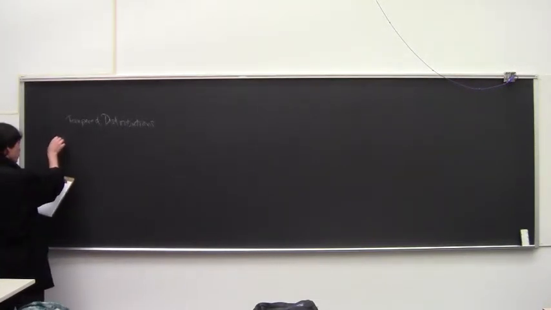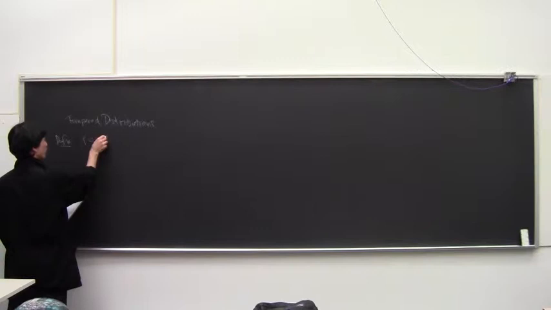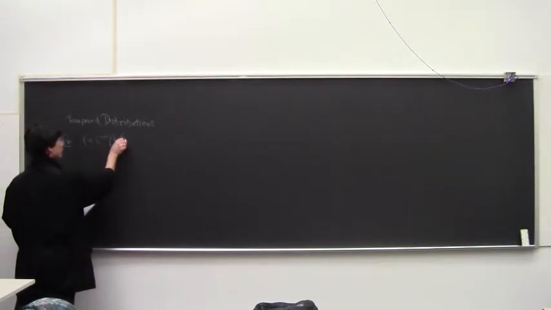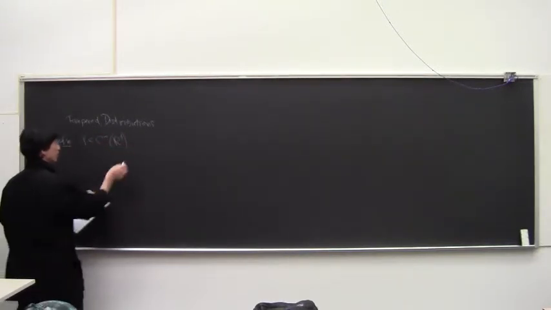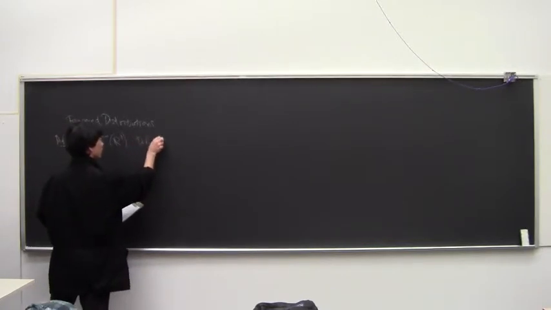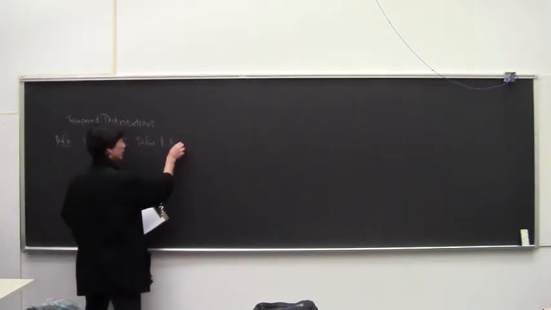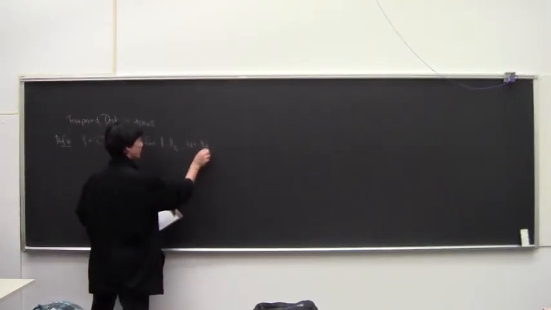Okay. First off, for C infinity functions, we have these norms, right? We have defined these norms, these sub n norms, where n are natural numbers.